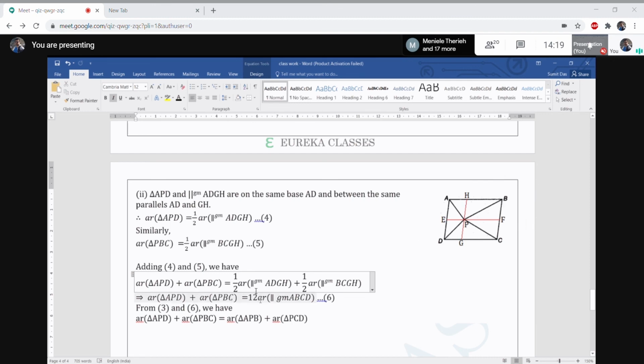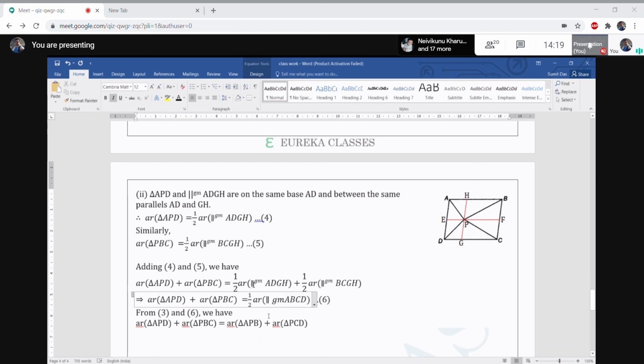If we add these, ADGH plus BCGH will be parallelogram ABCD. Right, mark this one 6.